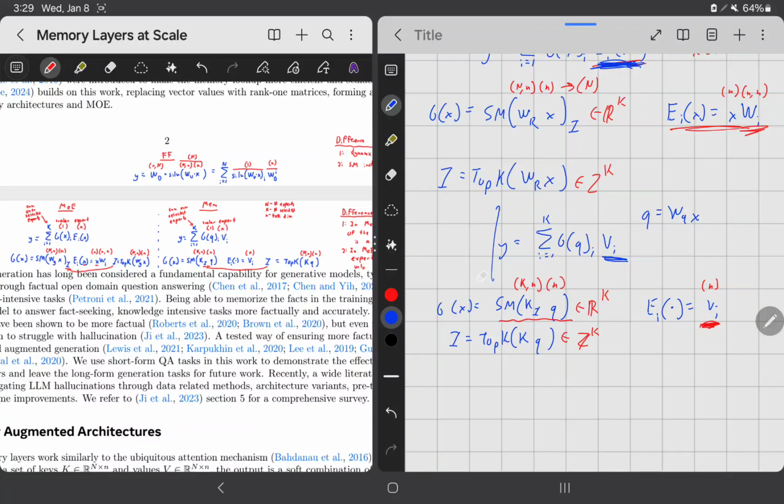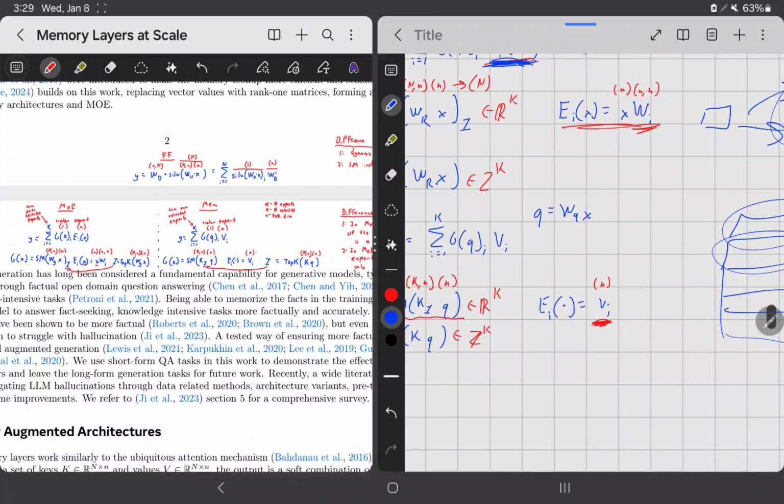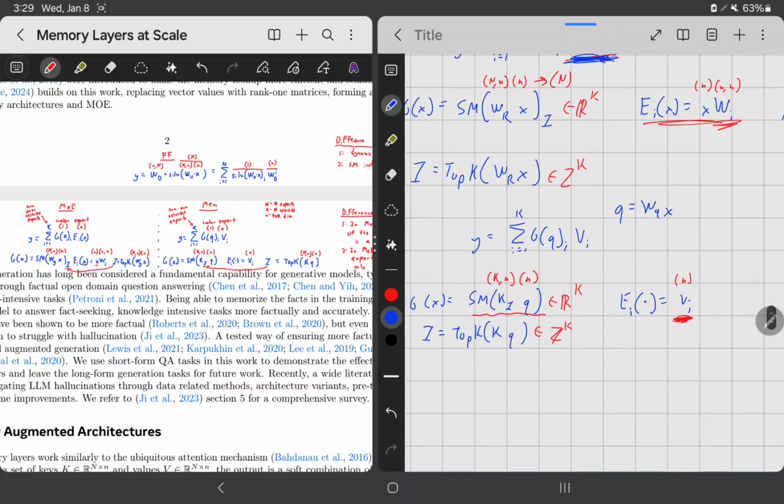Basically, take your gate, say which vectors my token wants, take those vectors, and sum them together according to this weight. So it'll be a linear combination, where the weights of the linear combination add up to 1, and your vectors are just selected from a massive matrix of a bunch of vectors, and you're just summing that together.